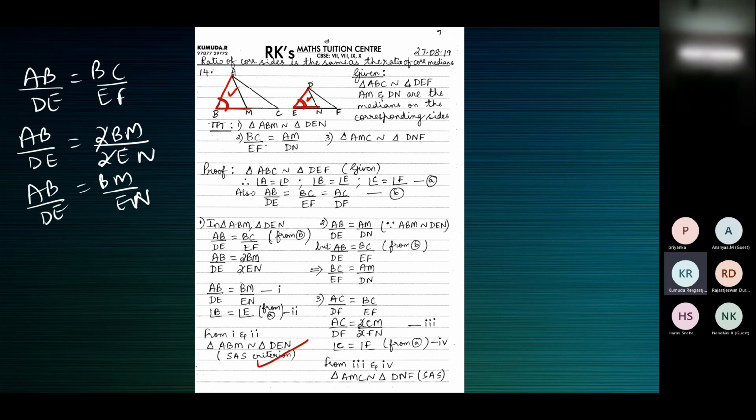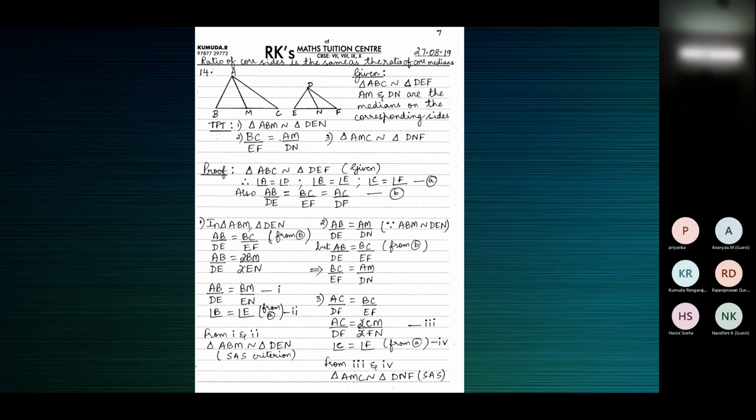Next, you'll have to show that BC by EF is equal to AM by DN. Now that these two triangles are similar, you can write AB by DE is equal to AM by DN.